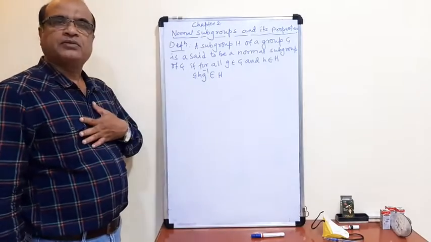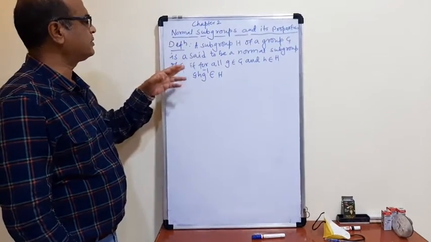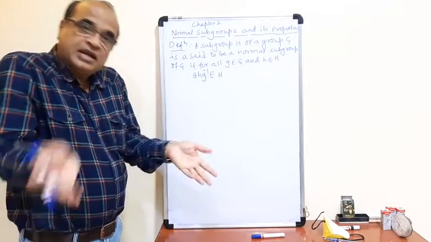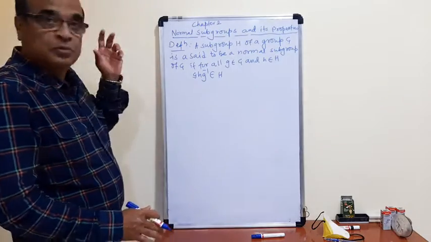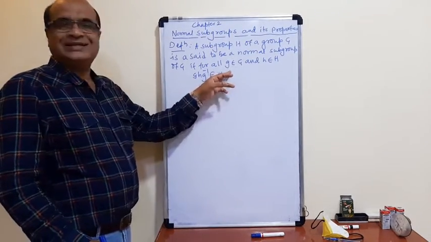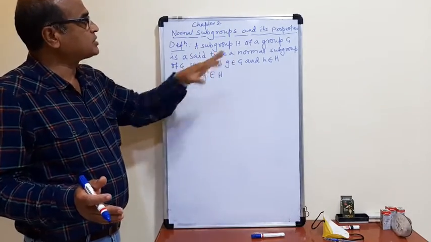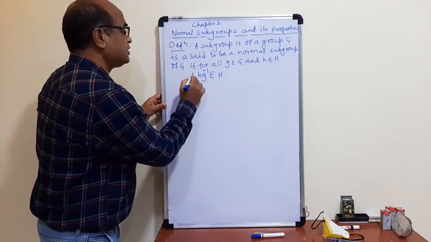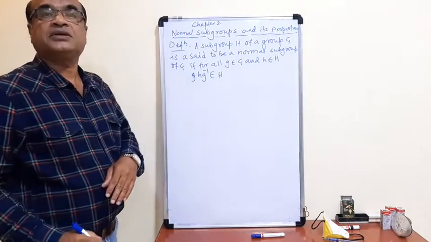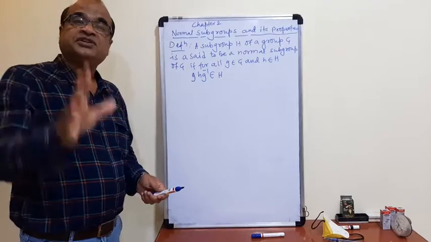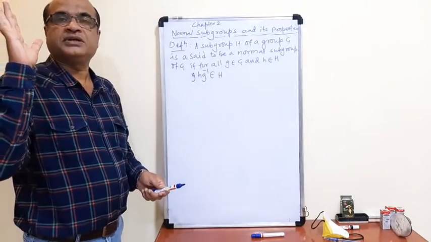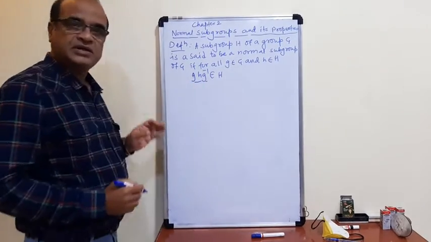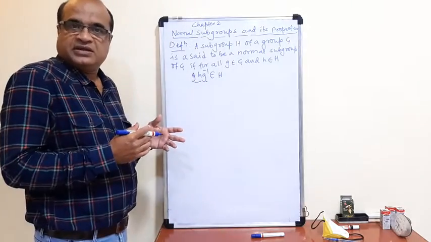A subgroup H of a group G is said to be a normal subgroup of G. So H is a subgroup of G. Then H is said to be a normal subgroup of the group G if for all g, an element of G, and h, an element of H, g h g inverse belongs to H, where g inverse is the inverse of g.